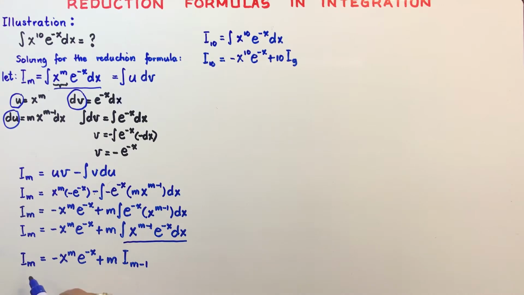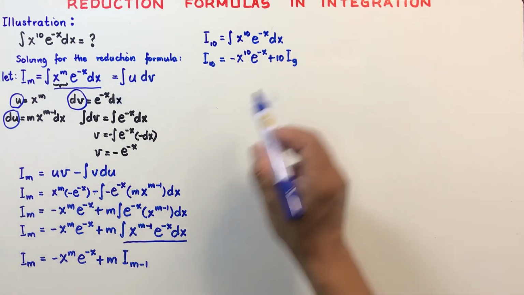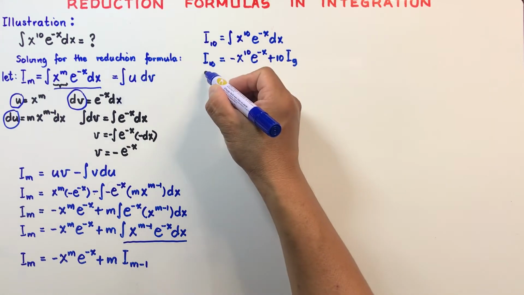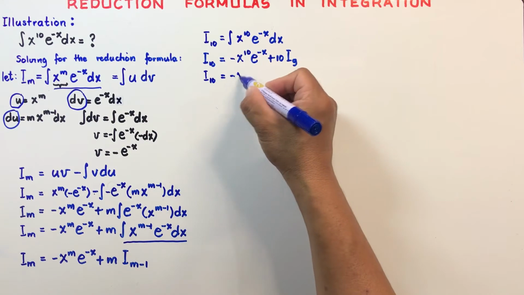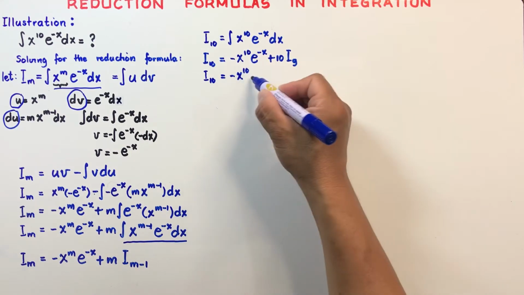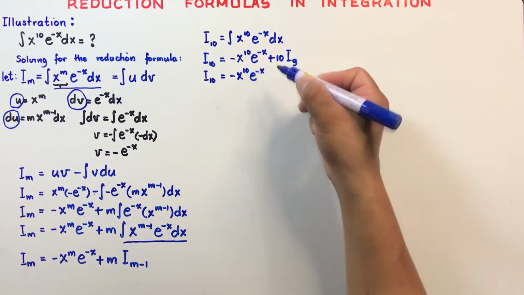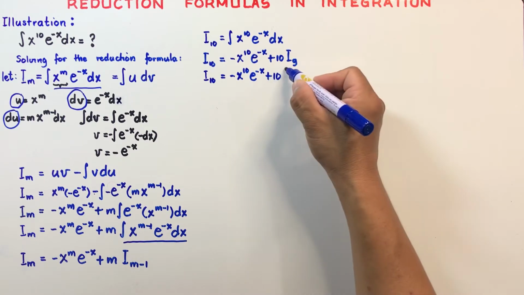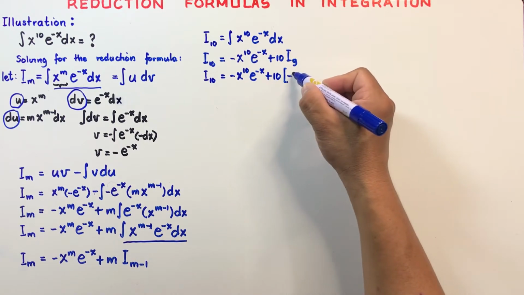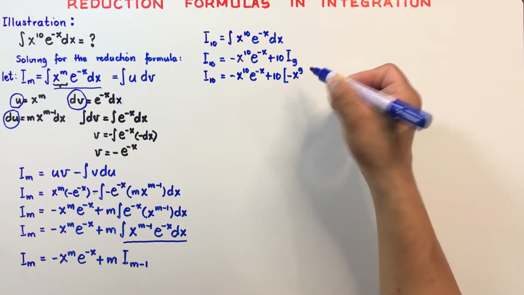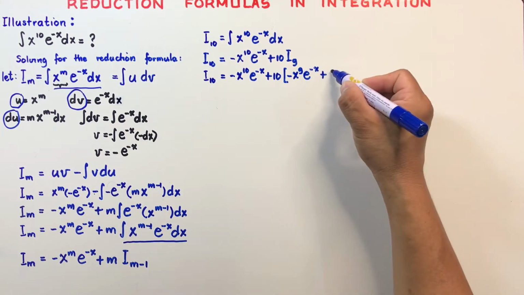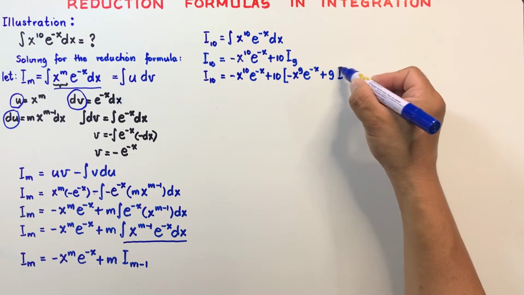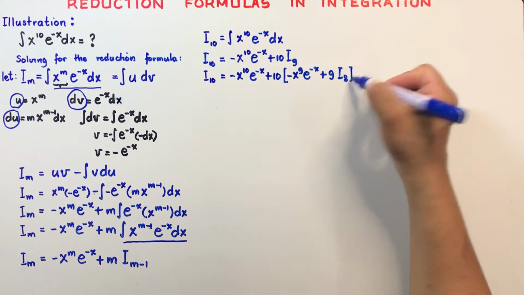So applying again this formula here, but this time our m is 9. So finally we have I sub 10, which is equal to the negative x to the power 10 times e to the negative x plus 10 times negative x to the power 9 times e to the negative x plus 9 times I sub 8 there.